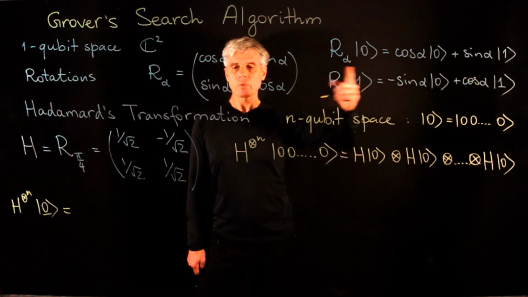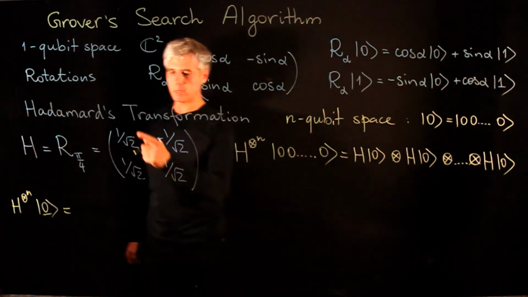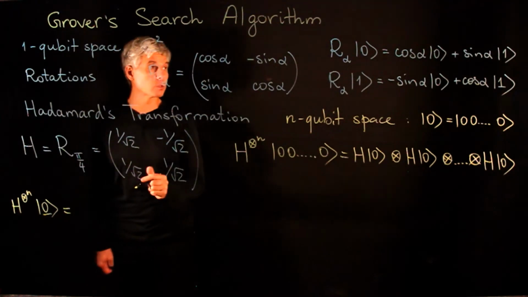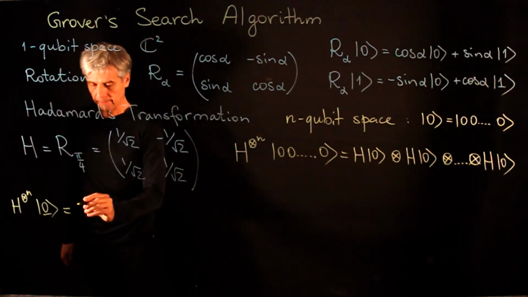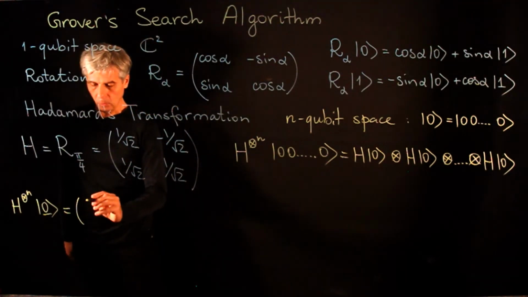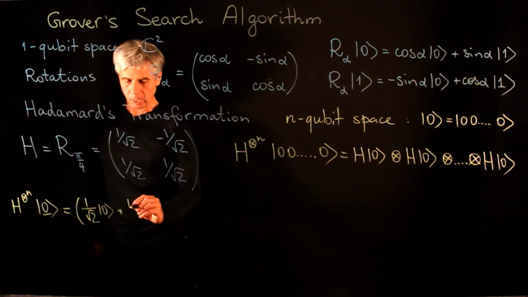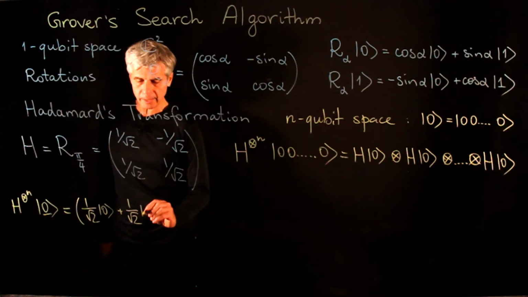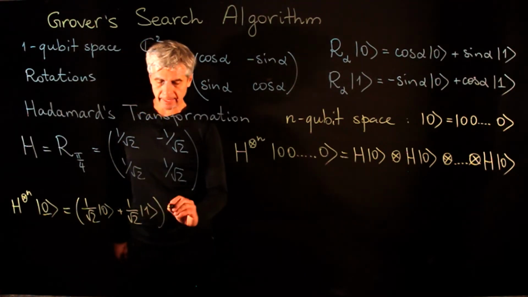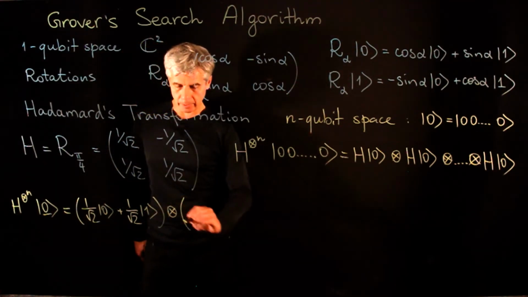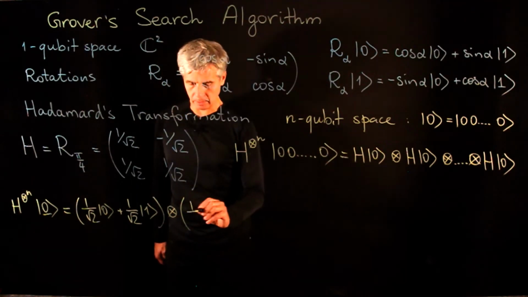Essentially we use these formulas, and here we have 1 over square root of 2. So what we get is 1 over square root of 2 times 0, plus 1 over square root of 2 times 1, tensor with the same thing n times.